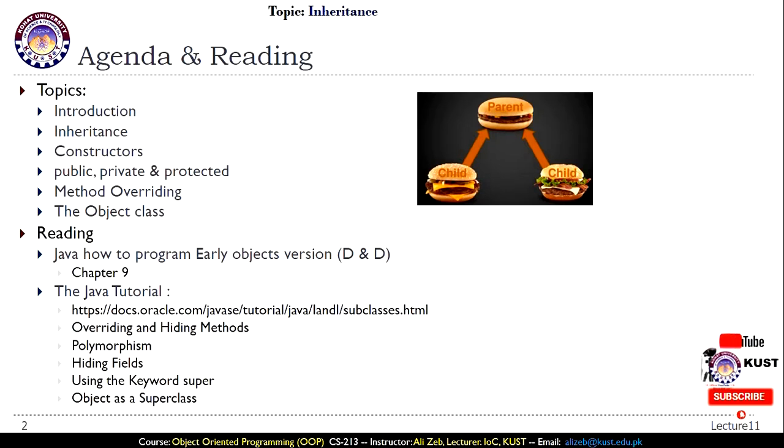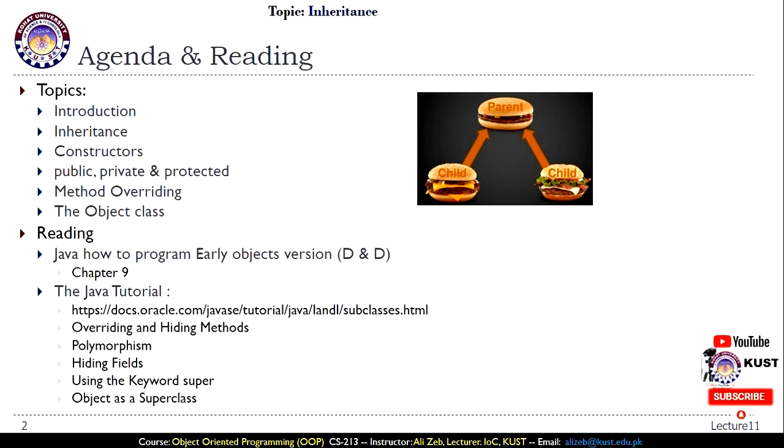Previously we have been talking about an introduction to inheritance. In our previous two lectures we had an introduction to inheritance, and then we discussed the behavior of constructors in the context of inheritance, and we tried to understand how the behavior of constructors will change when we use inheritance.